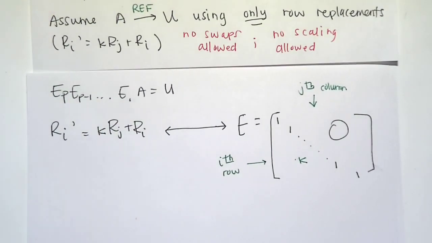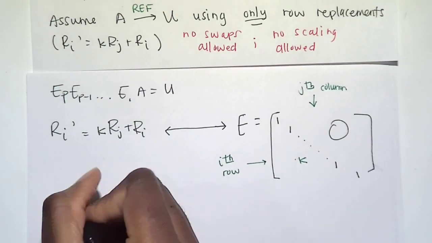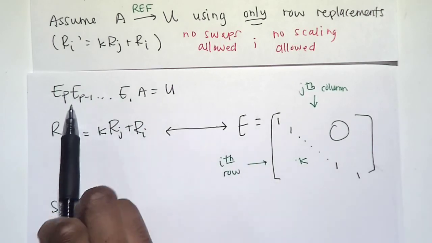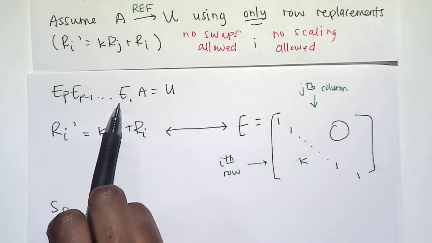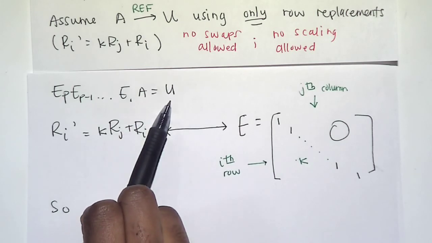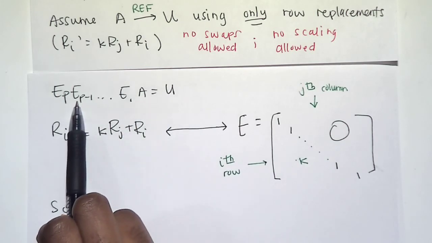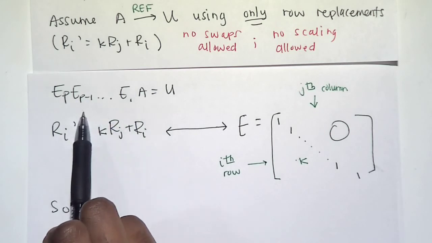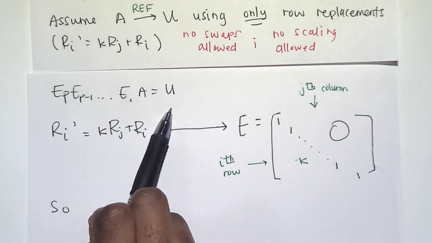So, if all of these elementary matrices multiplied by A gives us U, then what if we move them to the other side by taking the inverse?